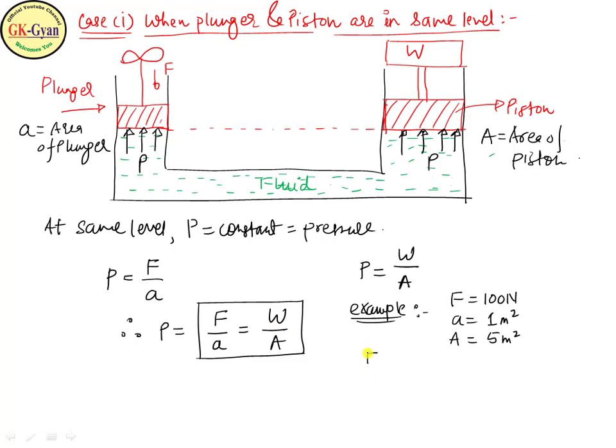Here we know F by a is equal to W by capital A. So F is 100, small a is 1 meter square, capital A is 5. So we calculate W, the weight lifted by the piston, as 500 newtons. If you apply 100 Newton force on the plunger, it will lift the weight of 500 Newton.